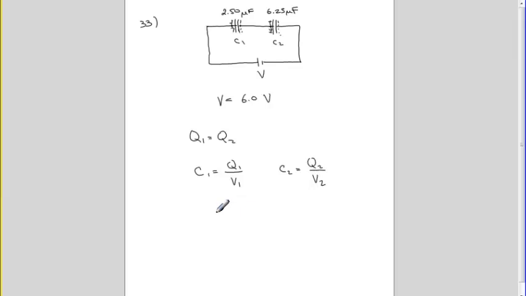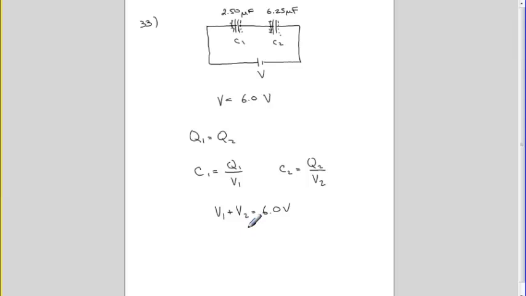We also know that V1 plus V2 has to be equal to 6 volts. We know the two capacitances, and we know that these two charges are equal to each other. So we have as many equations as unknowns. Our unknowns are the two voltage drops across the capacitors and the two charges, and we have 4 equations in 4 unknowns.